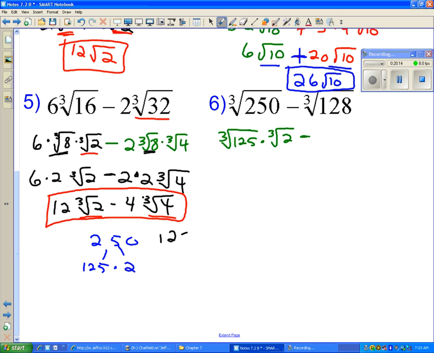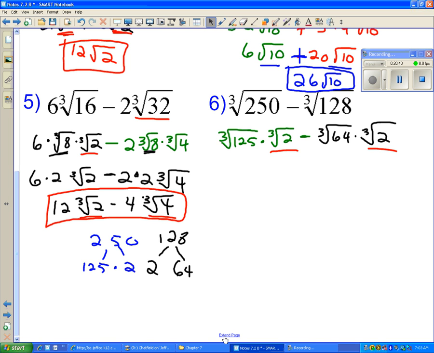So 128 is 2 times 64. So this is going to be the cube root of 64 times the cube root of 2. Well, that's kind of nice because I already see that I have the same cube root on these. I have the cube root of 2 and the cube root of 2.